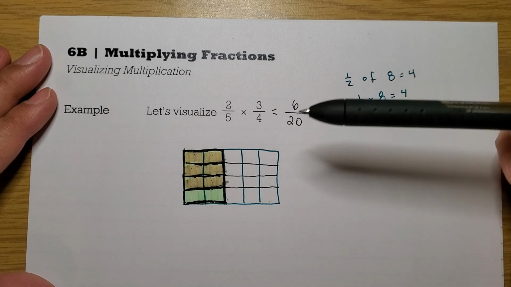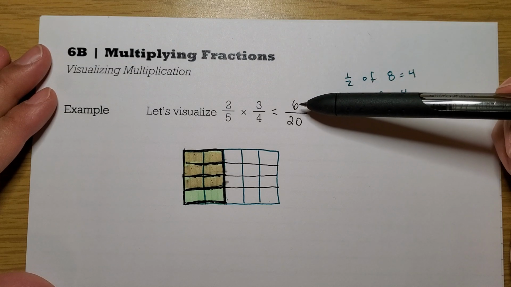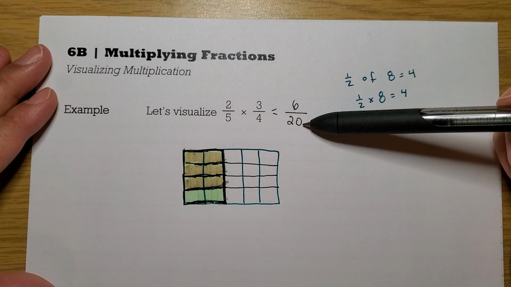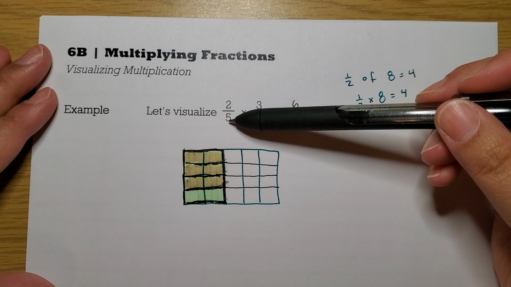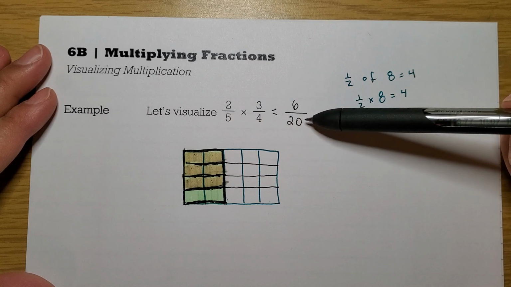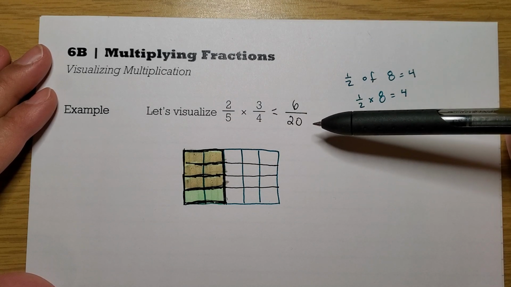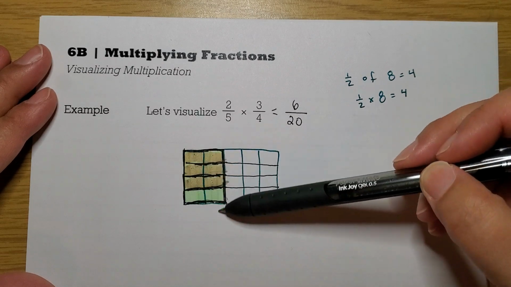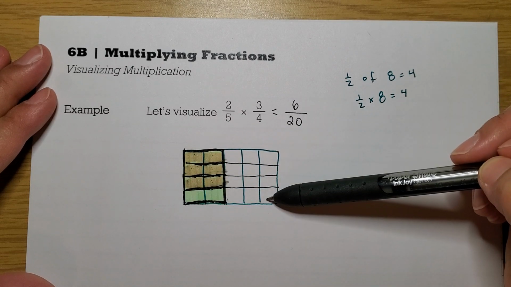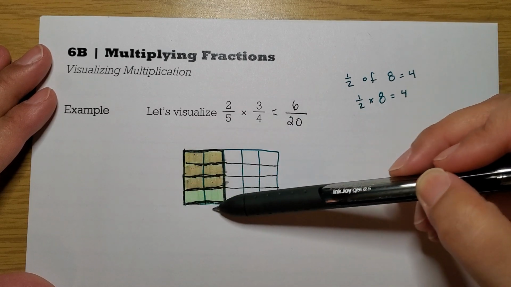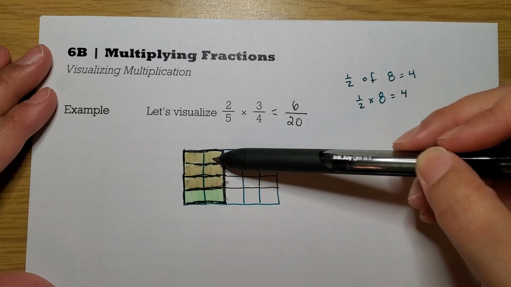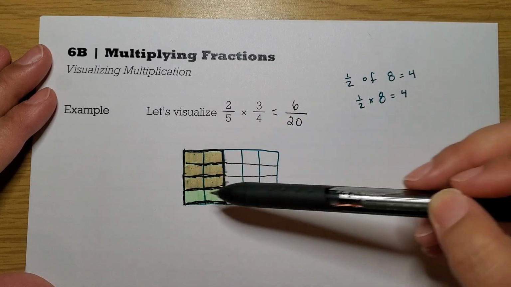Notice that if I refer back to the original fractions, a way I could think about getting that 20 is by doing 5 times 4. The reason that happens is because we're taking those fifths that we had, and in order to make those fourths, we split it up into 4 going this way.